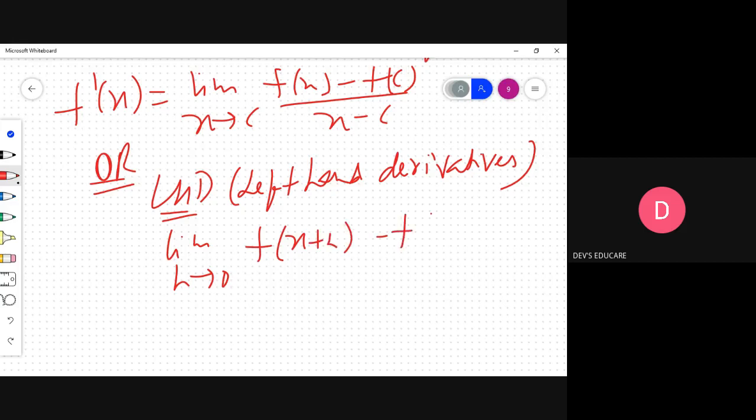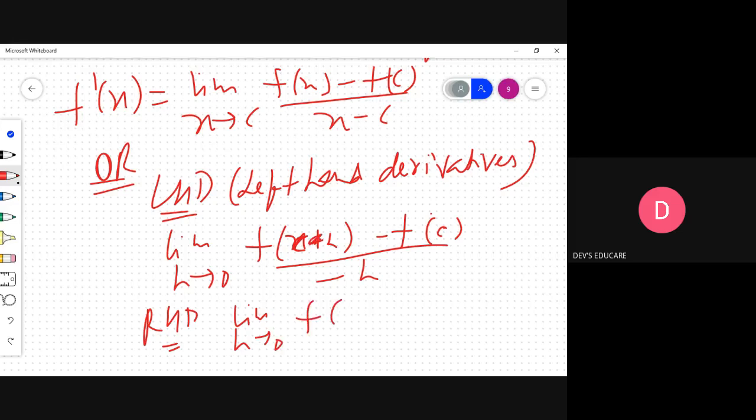Suppose we are checking at x equals c, where c is any general point.